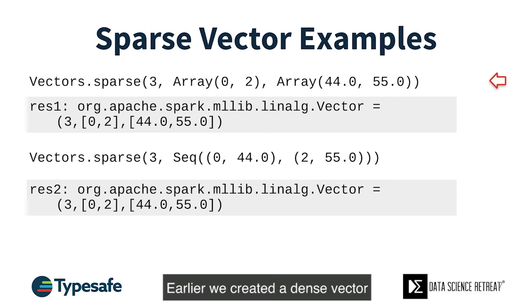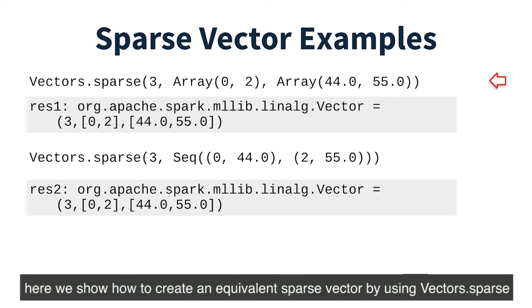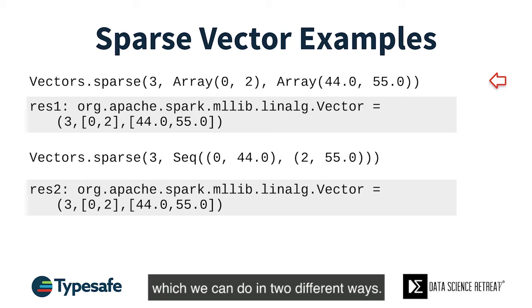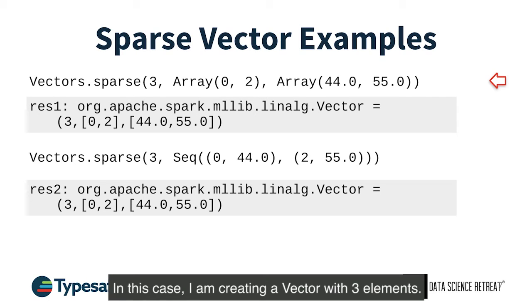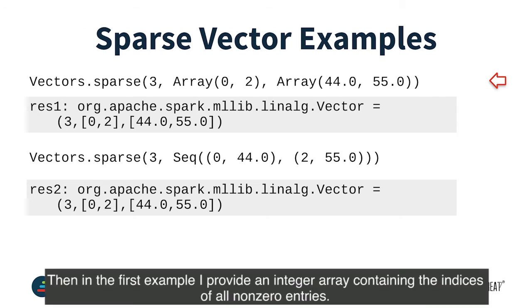Earlier we created a dense vector. Here we show how to create an equivalent sparse vector by using Vectors.sparse, which we can do in two different ways. In both examples, we must begin by specifying the total size of the vector. In this case, I'm creating a vector with 3 elements. Then in the first example, I provide an integer array containing the indices of all non-zero entries.